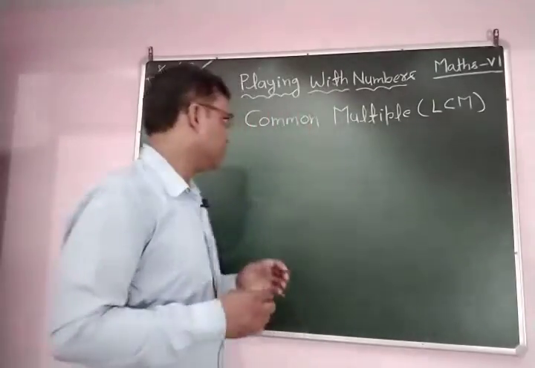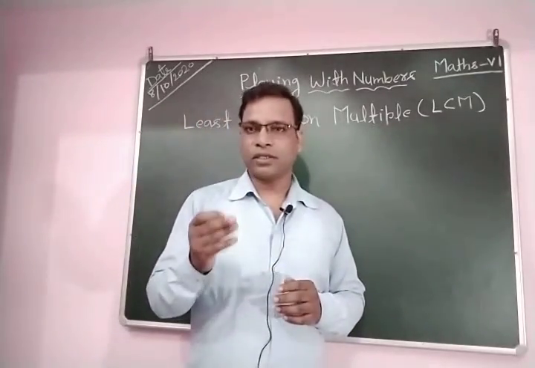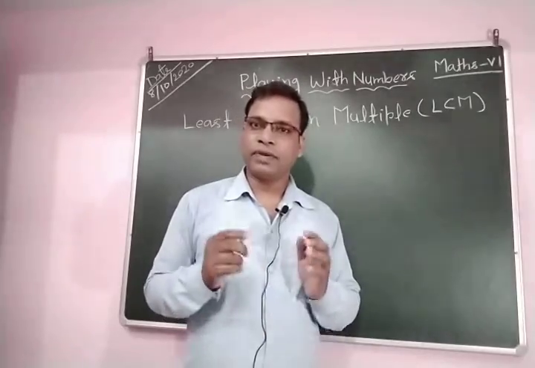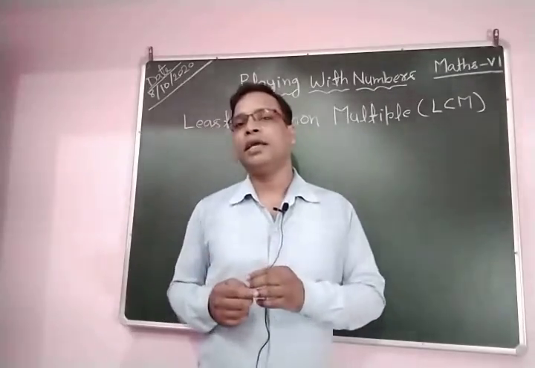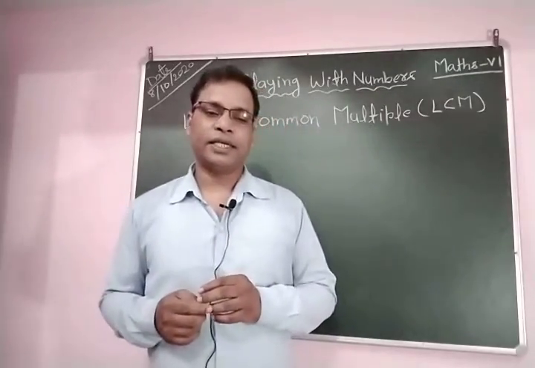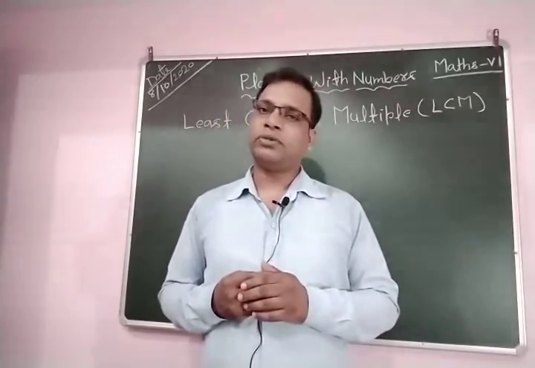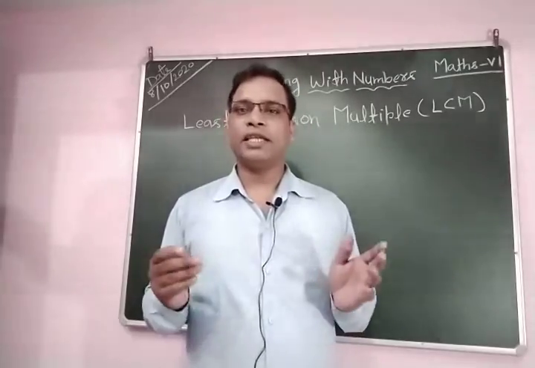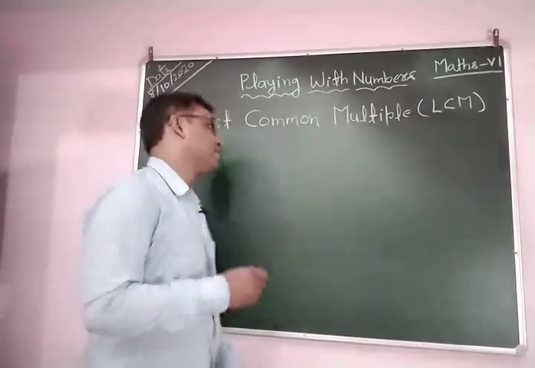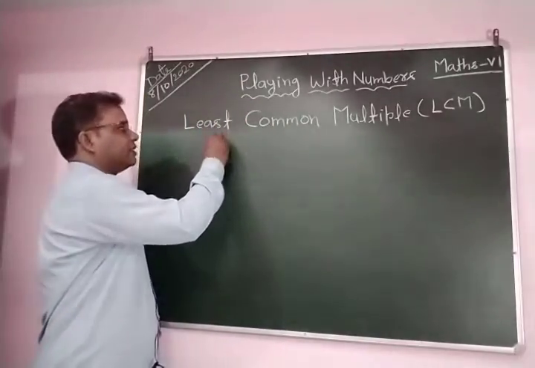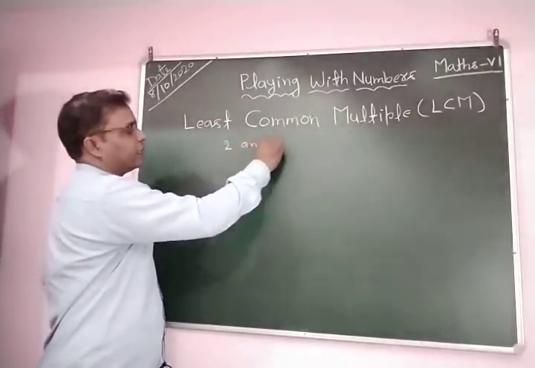So let's see how to find LCM. If we take two numbers, 2 and 3, first you find the multiples of 2 and the multiples of 3. After this we find the common multiples of 2 and 3, and after this we find the least common multiple, also called the LCM of 2 and 3.